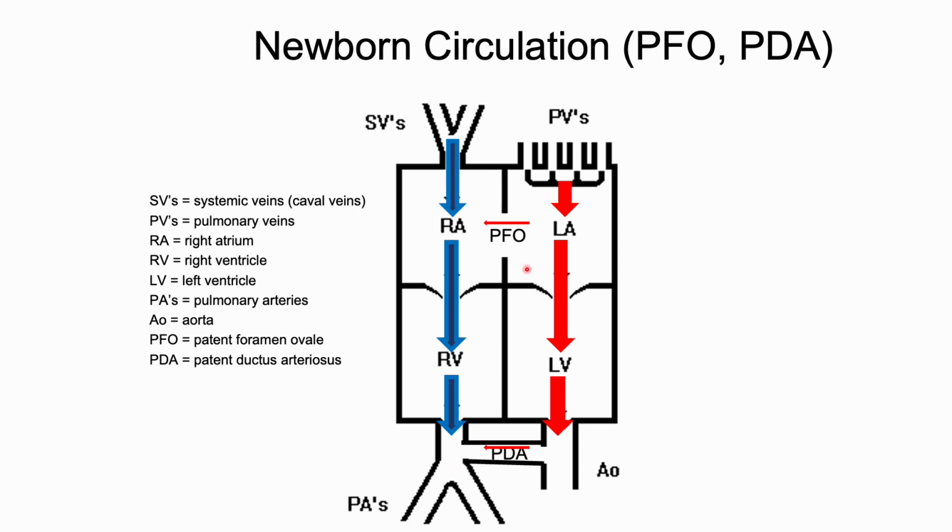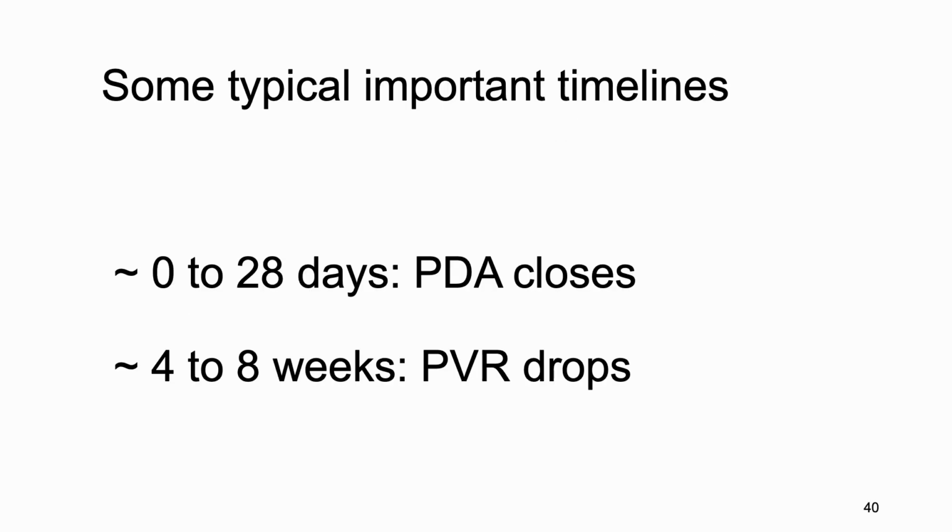And these two can be a great source of help in patients with congenital heart disease, because they aid in mixing and they help get blood to where it needs to be if there are some issues in the heart.